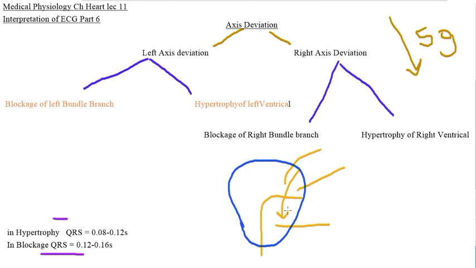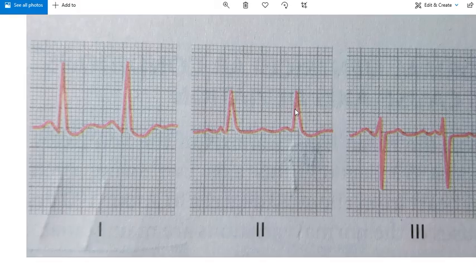More blood accumulates and the volume of our heart increases, so according to the Frank-Starling mechanism, our left ventricle will contract with a greater force. As it continues to contract with a large force, the size of the left ventricle increases. So these are the possible causes of hypertrophy of the left or right ventricle.